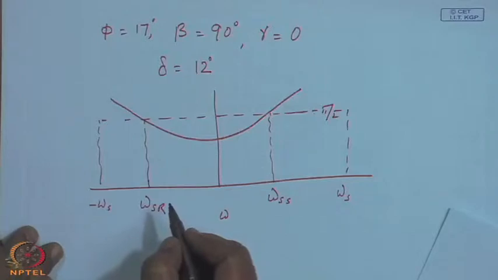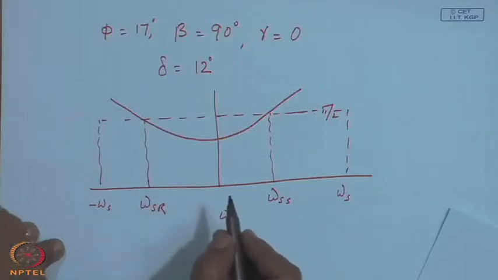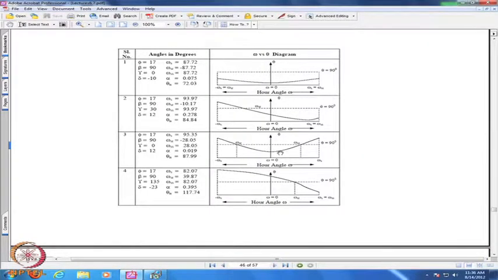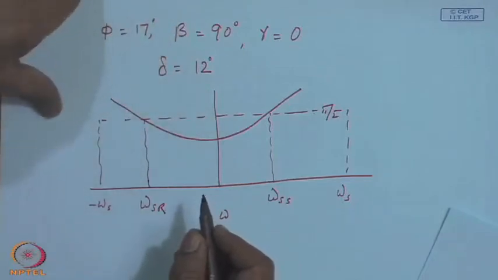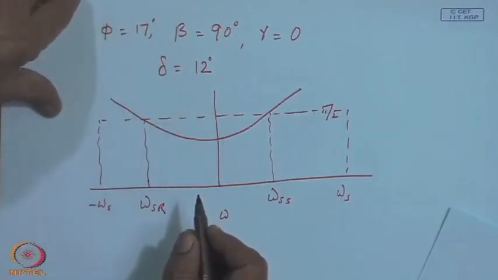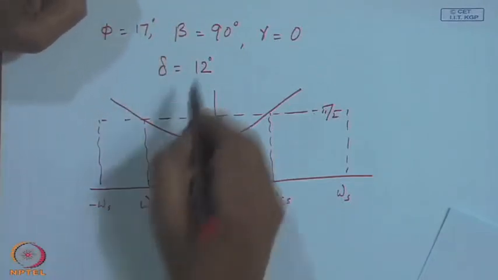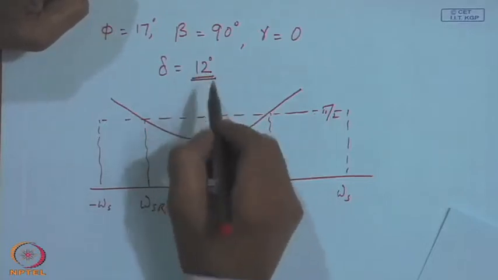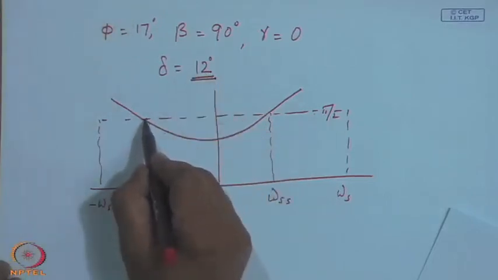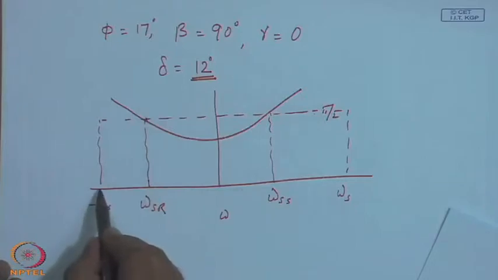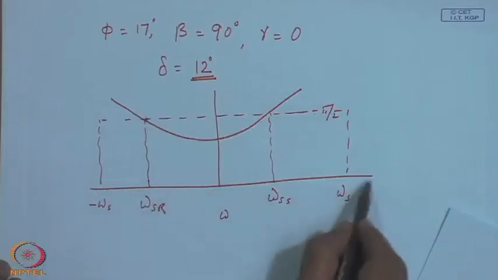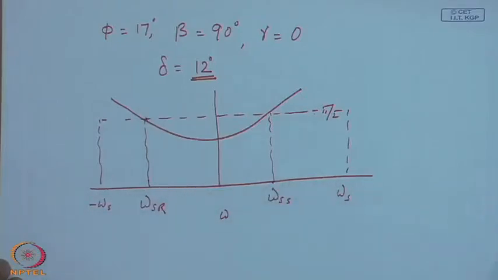For generality they are being called omega SR and omega SS, but otherwise they are just your omega S dashed, because it is a gamma equal to 0 surface. This demonstrates for positive declination theta will be equal to pi by 2 at a value after the sunrise and considerably before the sunset.